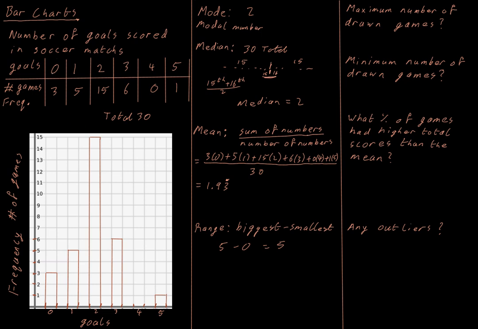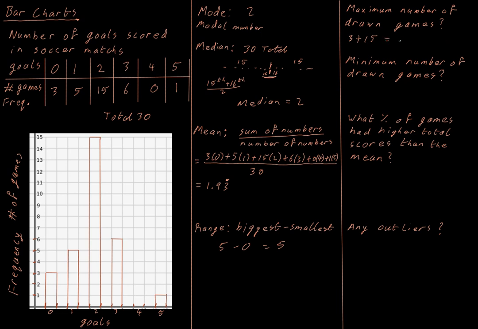So the 3 games that had 0 goals scored were definitely draws. So we have 3 plus these 15 games that had 2 goals scored. Well, each team could have scored 1, so that could have been all draws. 3 couldn't, 4. There were no games that had 4. If there's an odd number of goals, then one team has to have gotten more goals than the other.